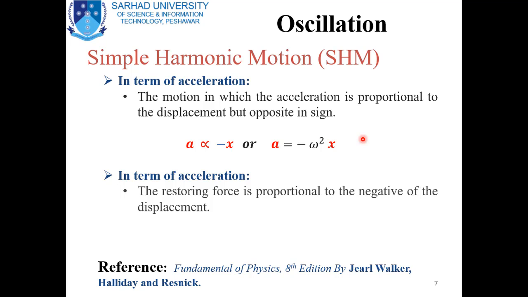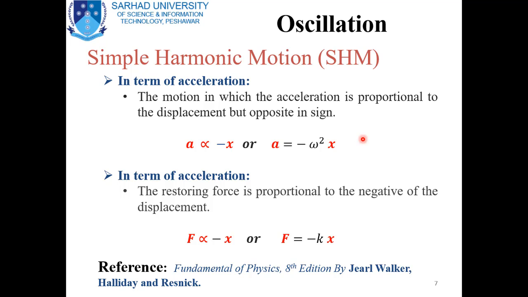So in terms of force, the restoring force will be proportional to the displacement and can be given as F is directly proportional to x, where F is the restoring force and x is the displacement. Again, when we convert this proportionality sign into an equality sign, we must insert a constant of proportionality.